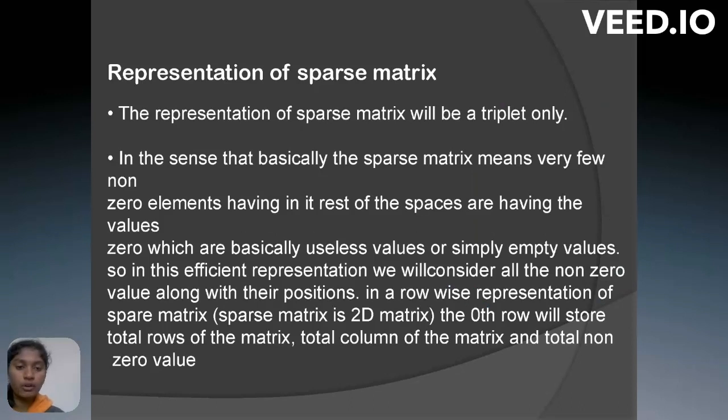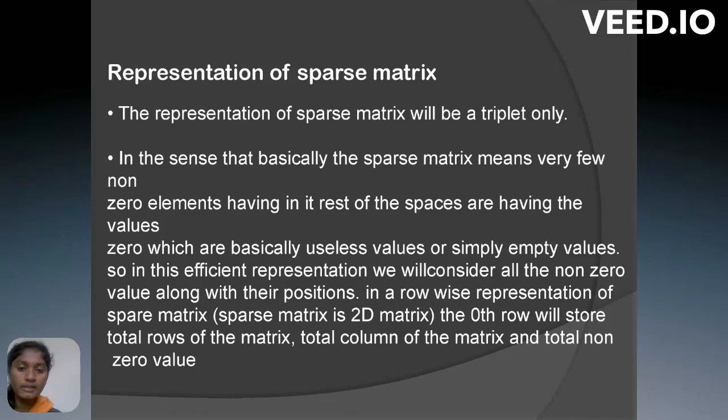Representation of sparse matrix. The representation of a sparse matrix will be a triplet only, in the sense that a sparse matrix has very few non-zero elements and the rest are zeros, which are basically useless values or simply empty values.